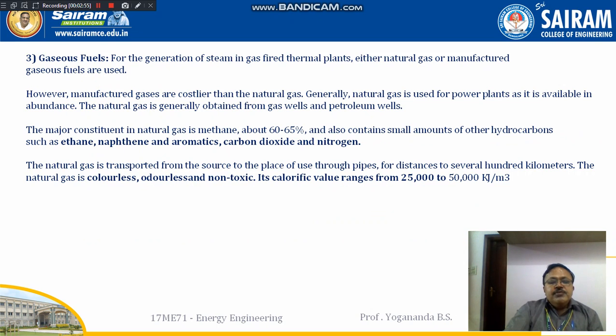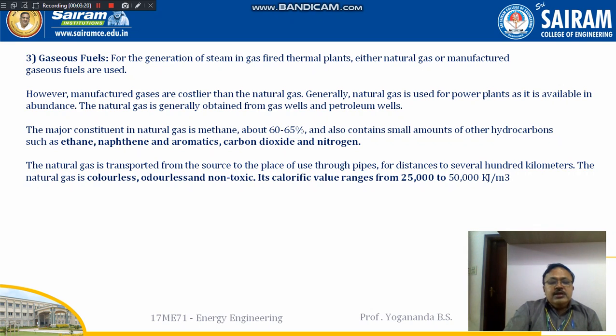Gaseous fuels. Here in gas thermal plants, either we are using natural gas or manufactured gas for the generation of steam. The manufactured gas is costlier than natural gas. Natural gas is available in abundance, which is obtained from gas wells and petroleum wells.